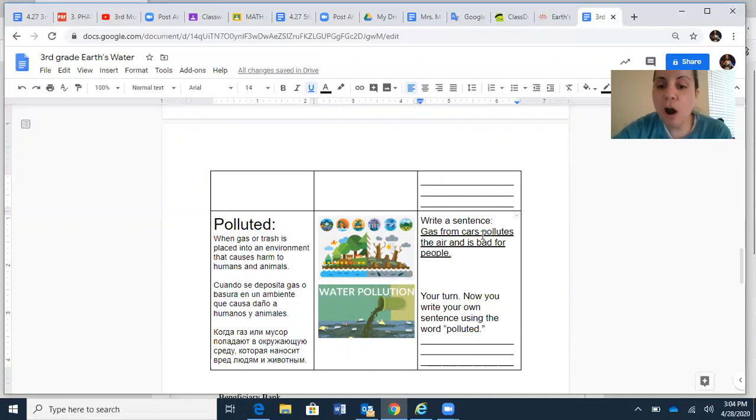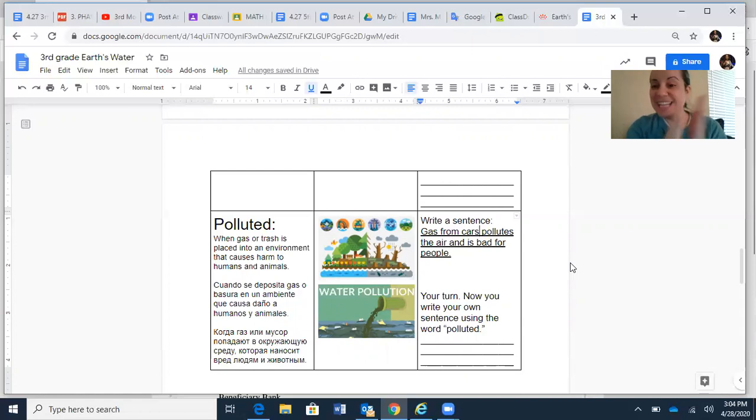Gas from cars pollutes the air and is bad for people. Here's your space to write your sentence. You could say the plastic polluted the water, or the man polluted the ground when he dropped the trash. Those are some examples of a sentence you can use.